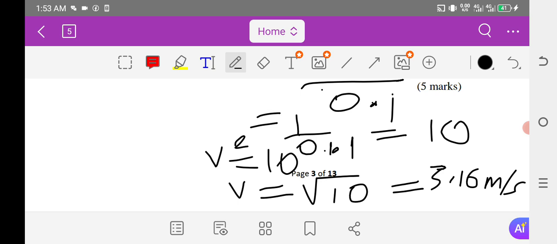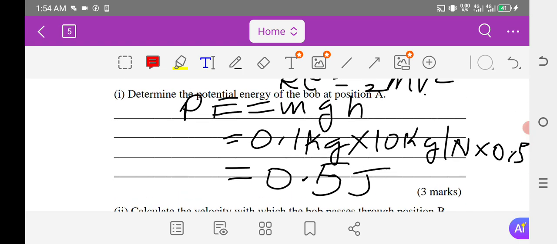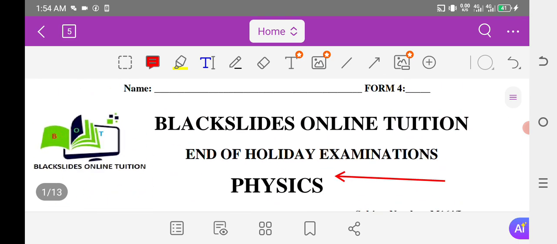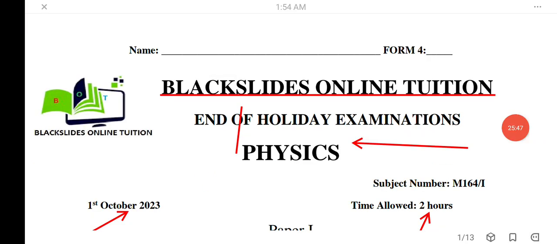Okay, so that's it for now. Remember, we were looking at a paper which was written by our online students, Blackslides Online Tuition. Originally, this online school was referred to as just a tuition provider, but with time, it grew into a secondary school, which is called the Blackslides Online Secondary School.